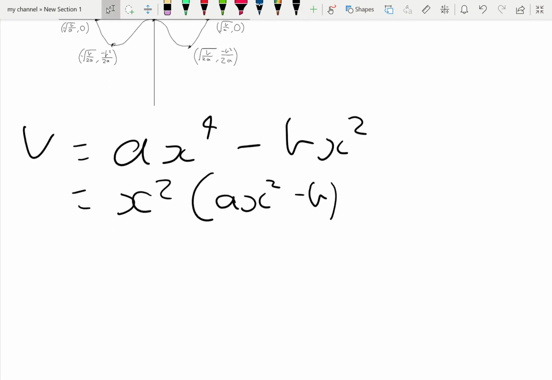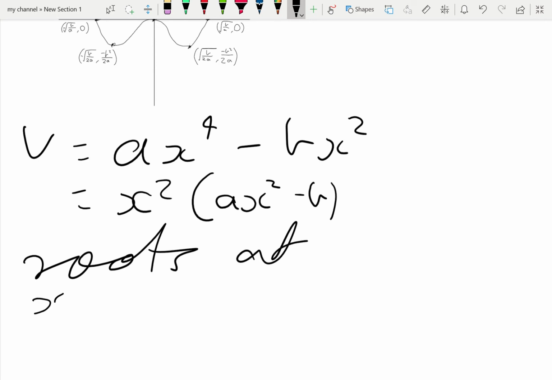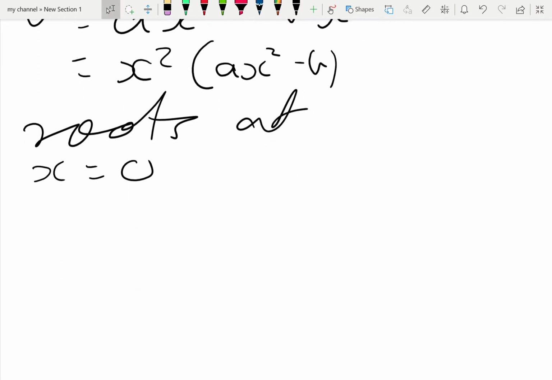Now, we can find the roots of this equation by noting that there's obviously going to be a root at 0, because when x is equal to 0, this just becomes 0 squared times whatever this is, so you end up with just V equals 0. So, roots at x equals 0, and obviously the other solutions are going to be when ax squared minus b is equal to 0.